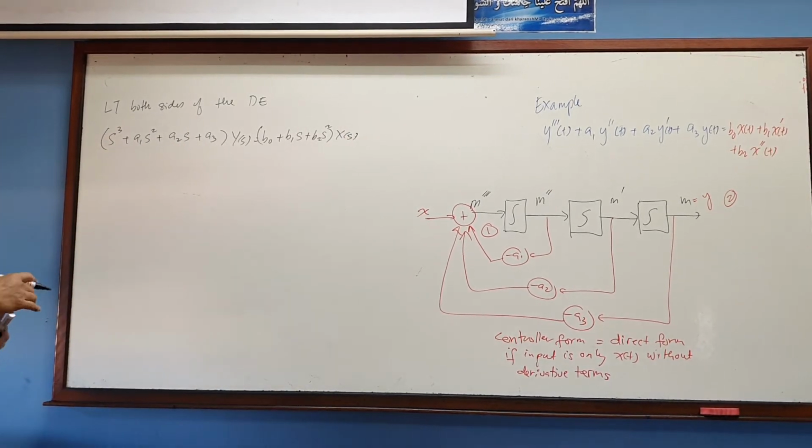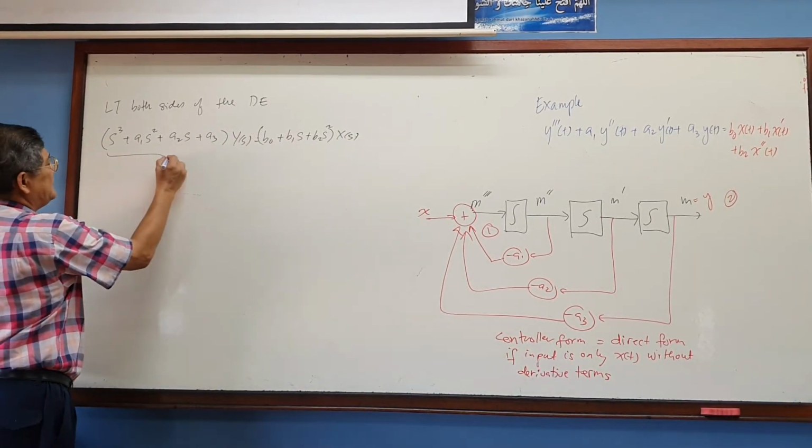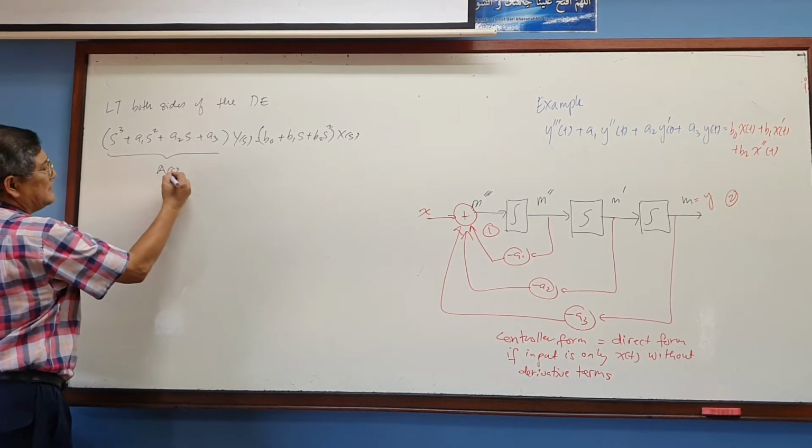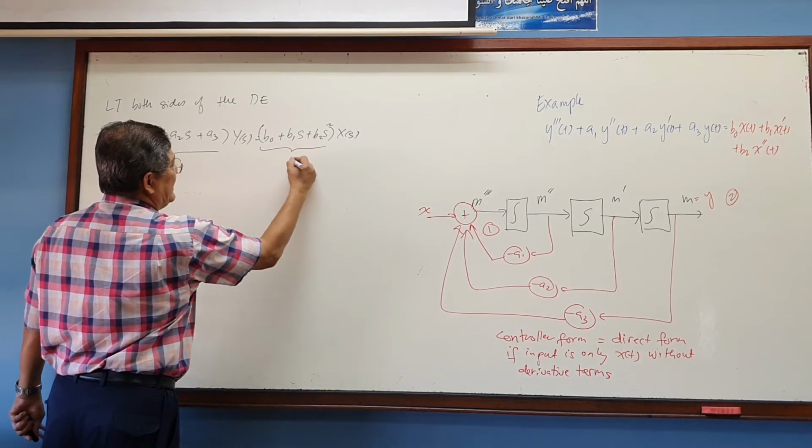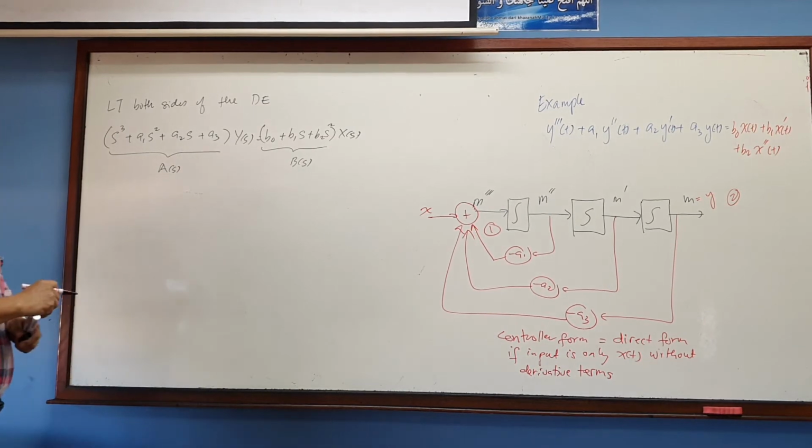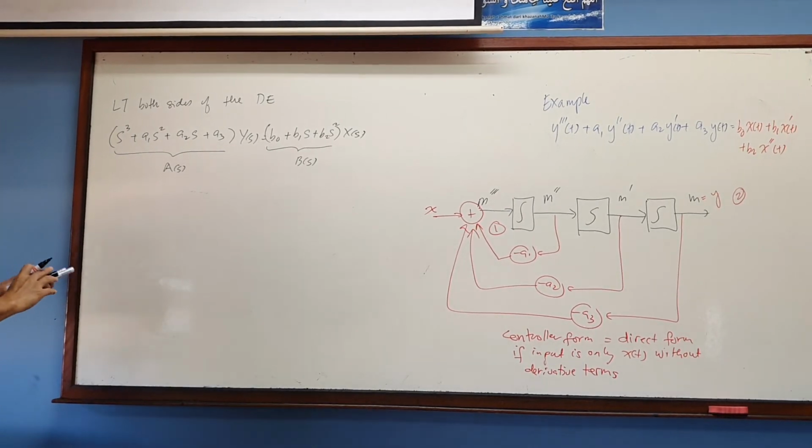Okay, so this is the transform where you observe that this one will be the A(s) and this one will be the B(s). So this is the simplified way.